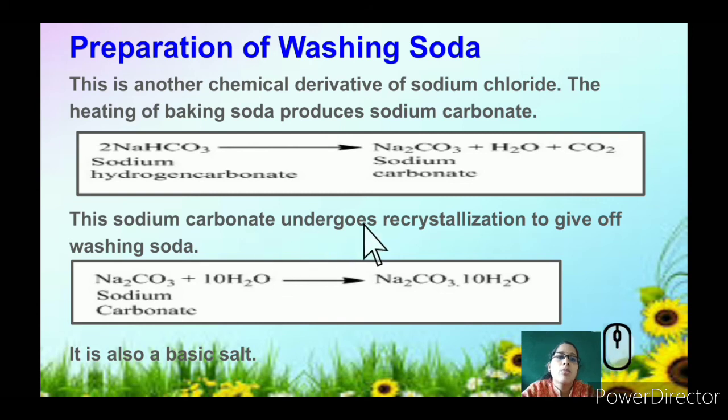This sodium carbonate, which is formed as a product from the sodium hydrogen carbonate, goes through recrystallization. Recrystallization will give washing soda. So 10 molecules of water combine with sodium carbonate to form Na2CO3 10H2O.